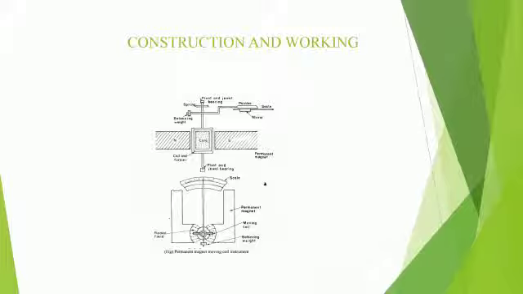The iron core is spherical if the coil is circular and cylindrical if the coil is rectangular. The moving coil is connected to the spindle, which carries the pointer. In the diagram, there is a scale mirror which is used to reduce parallax error.